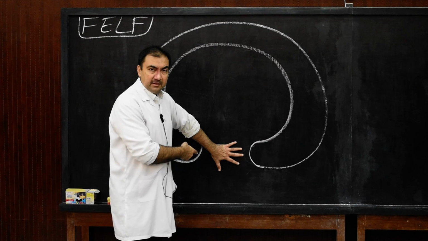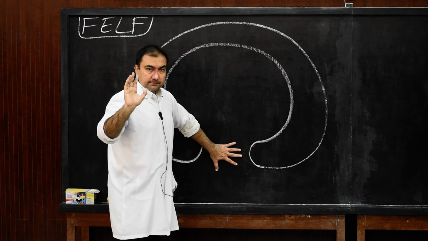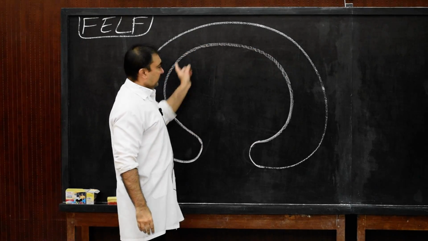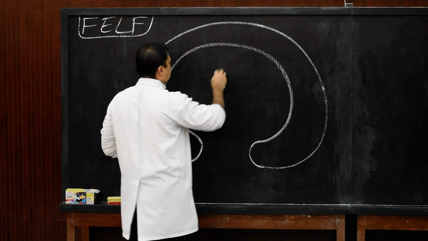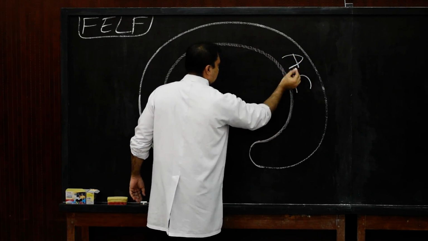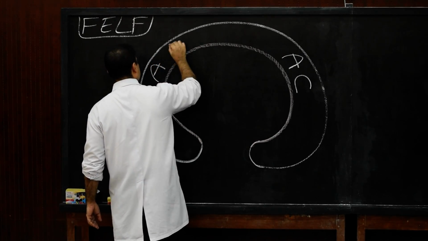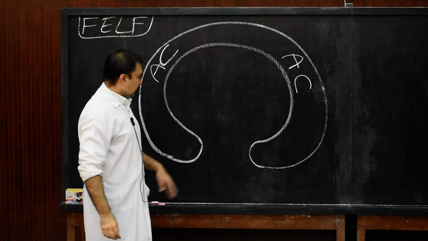So where my hand is there, this region is called primitive umbilical opening. Now, this cavity which we have drawn, which we have created, this cavity will be known as the amniotic cavity. So therefore, this will be the amniotic cavity. I have written on both the sides, entire.